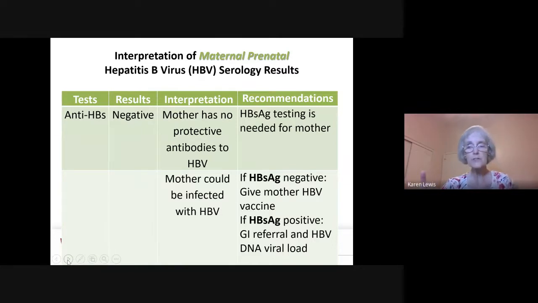But if she's surface antigen positive, that's when you do the gastrointestinal referral, and that's when the GI doctor will look at a hepatitis B DNA viral load and decide whether this mother, who is surface antigen positive before delivery, should get hepatitis B viral therapy.